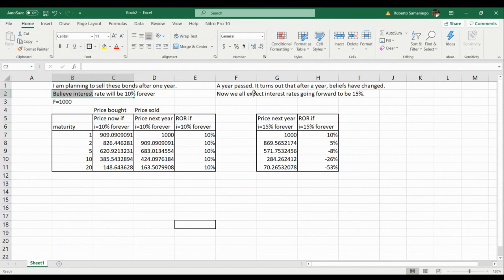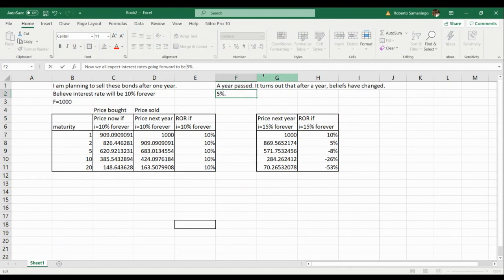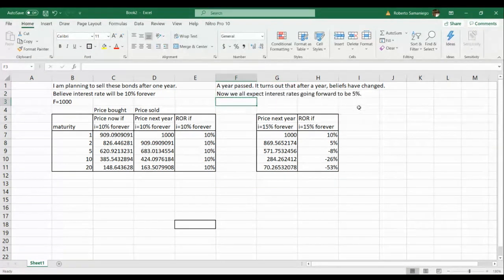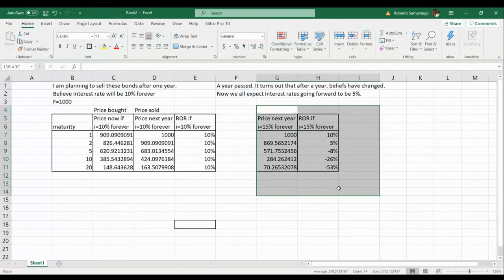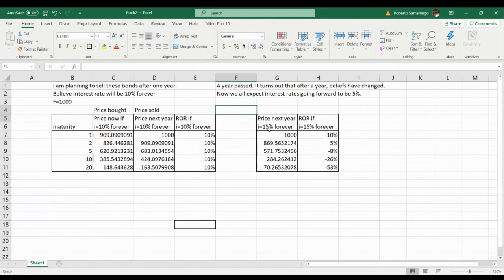It turns out that after a year, beliefs have changed. Now we expect interest rates going forward to be, let's say, 5%. Well, if the interest rate is 5%, then what's happening going forward is that things are discounted less heavily, so they may actually be worth more.